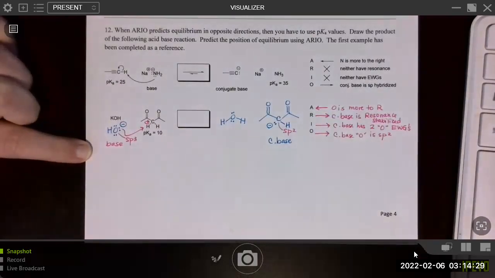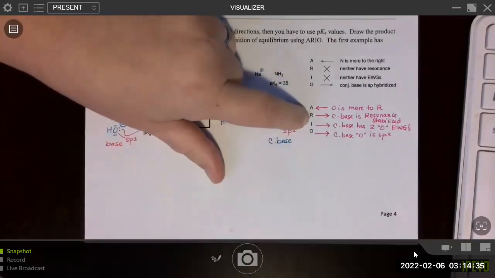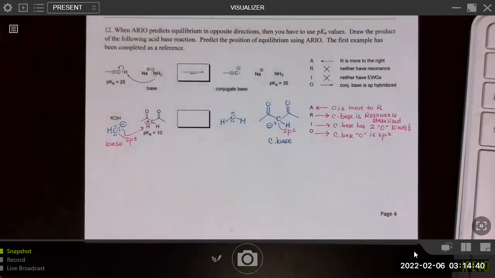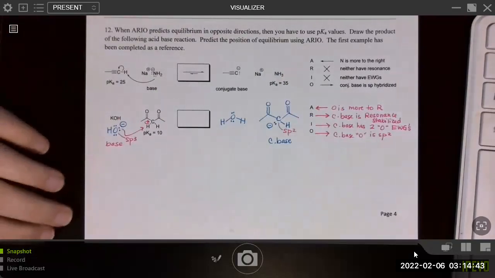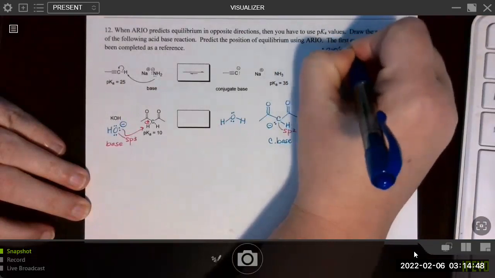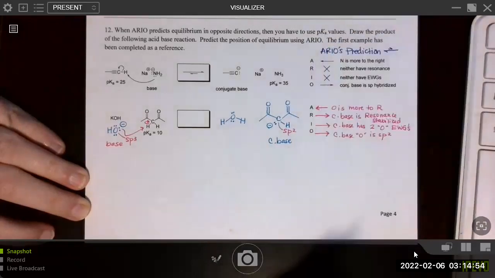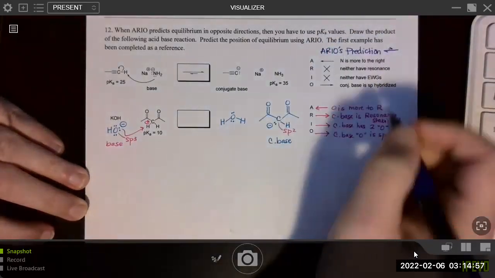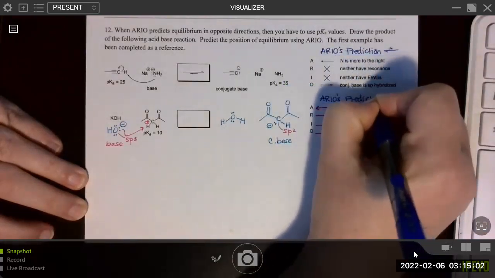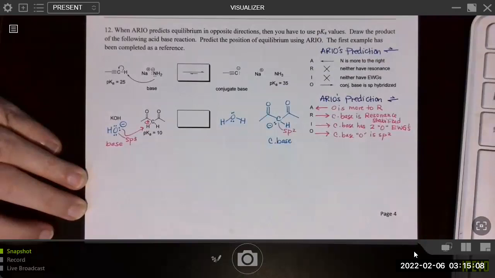Okay, so again, if we were applying ARIO in order, we would say A is more important than R, I, and O. We would have to predict that the equilibrium lies to the left. ARIO's prediction in this first case would be to the left here, and ARIO's prediction over here is again to the left, because again we have to apply in order.